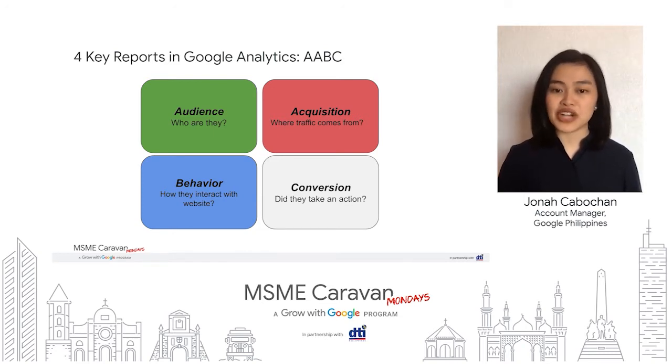How am I generating my traffic? Third is behavior. How do they interact with my website? What is their journey? What exactly do they do? And lastly is conversion. Did they take an action? Did they download my catalog, add something to cart, or even check out on my website? And today we'll be focusing on the first 3: audience, acquisition and behavior.